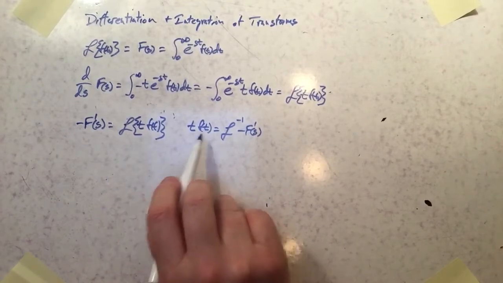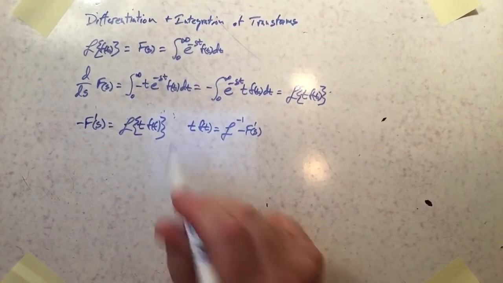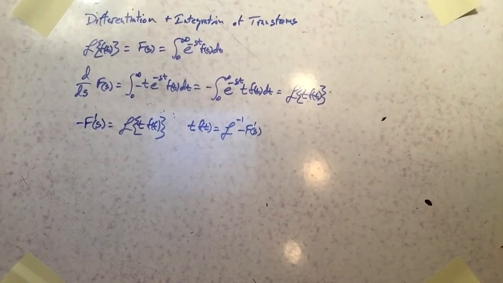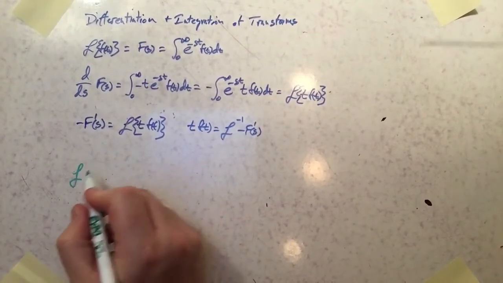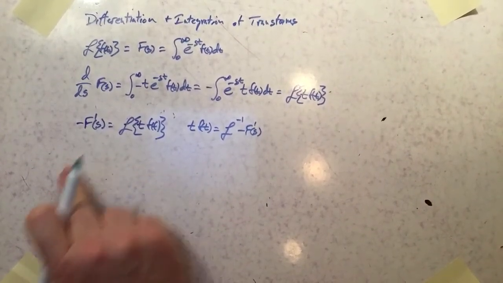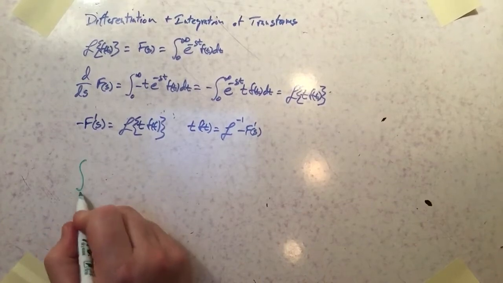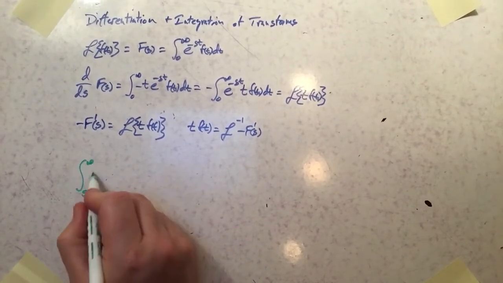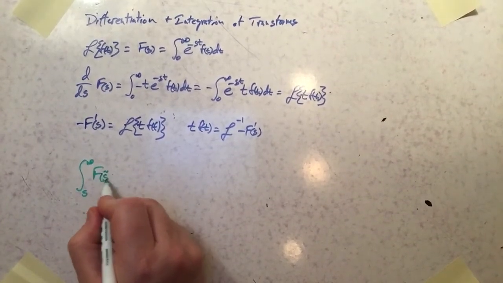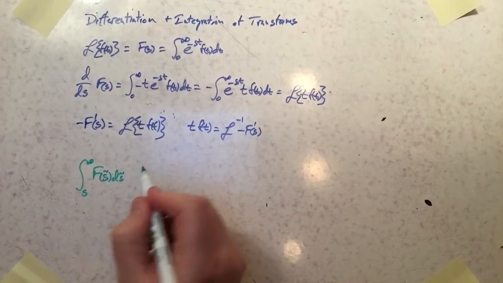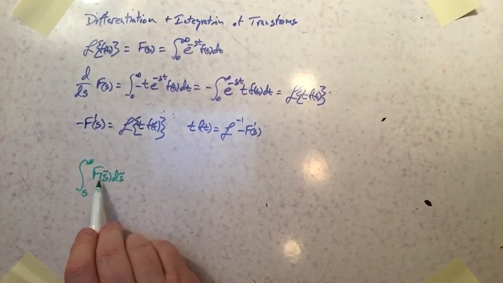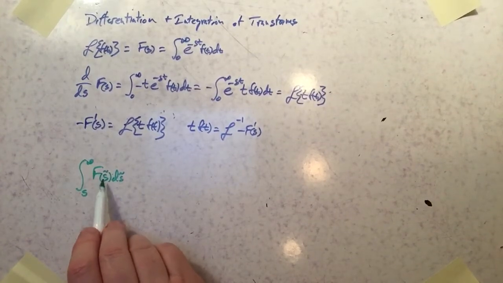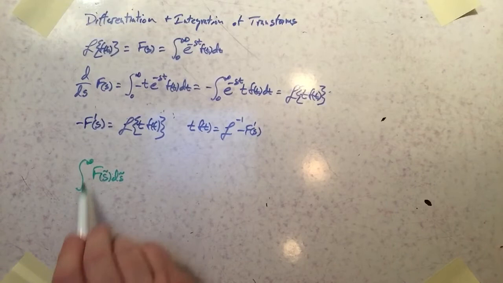In the same way, there are integral relationships. I'm not going to go through the derivation of those, but the integral relationships look just as clean and easy as these. If I want the integral from s to infinity of F(s tilde) ds tilde, and again, notice we're using another dummy variable, so we're going to replace F(s) with F(s tilde), and then we're going to integrate it from s to infinity.